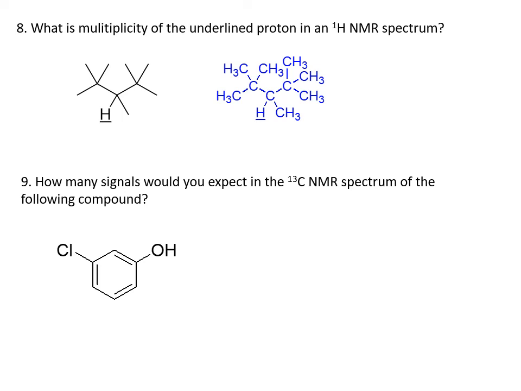We can see only one neighboring methyl group, CH3, that has hydrogens on it. The other 2 carbons that are attached to the carbon bonded to the underlined hydrogen have no protons on them. So it's only 3 protons that will be splitting the signal of the underlined hydrogen. So 3 plus 1 is 4, so the signal is going to be a quartet.